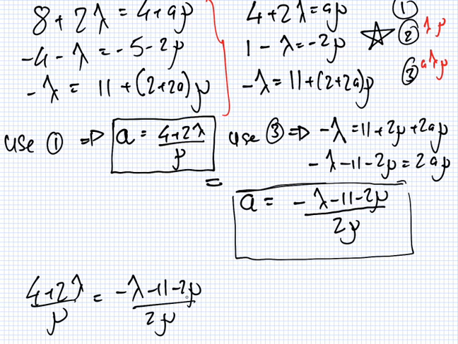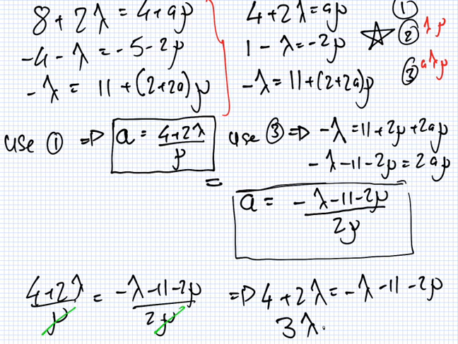Now what's really, really nice is those mu's cancel, which is so nice because it makes it much cleaner. I get 4 plus 2 lambda equals minus lambda minus 11 minus 2 mu. So I get 3 lambda plus 2 mu is, let me take that over there, that's a minus 15.